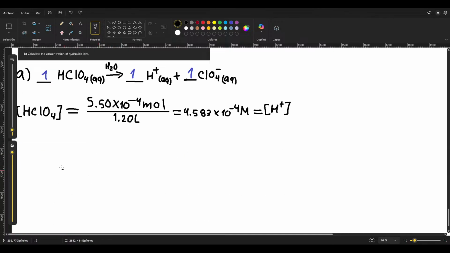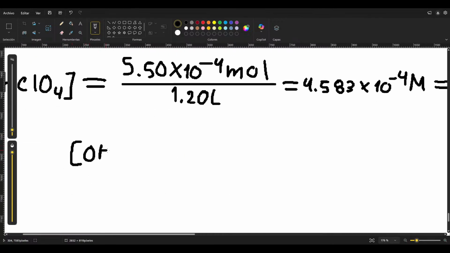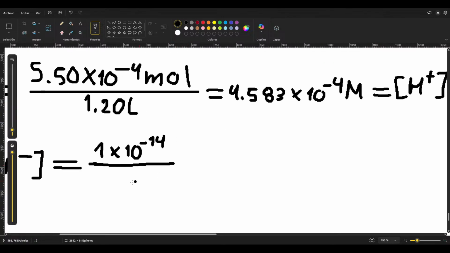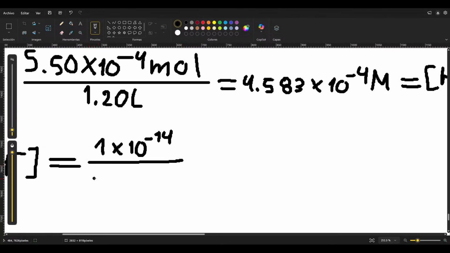So the concentration of hydroxide ions is gonna be 1 times 10 to the negative 14 divided by the hydrogen concentration, 4.583 times 10 to the negative 4.